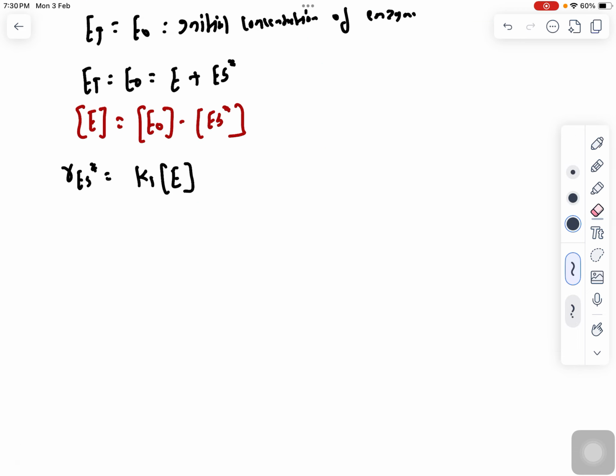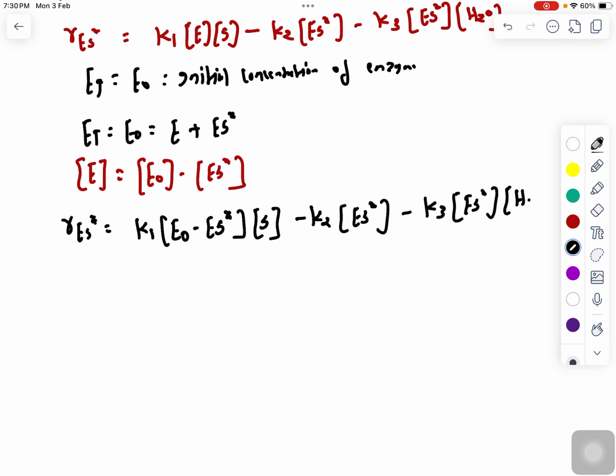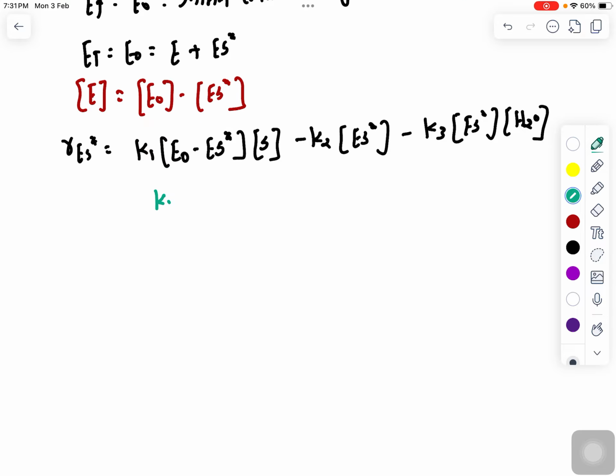So let's try to understand these things: k1 into E naught minus ES star and, obviously, concentration of S, minus k2 concentration of ES star minus k3 concentration of ES star and concentration of H2O. So the first assumption that I am going to take here is that k3 and concentration of H2O, because H2O concentration will be very high, so it is constant, and I will assume this is k3 dash. Is that clear?